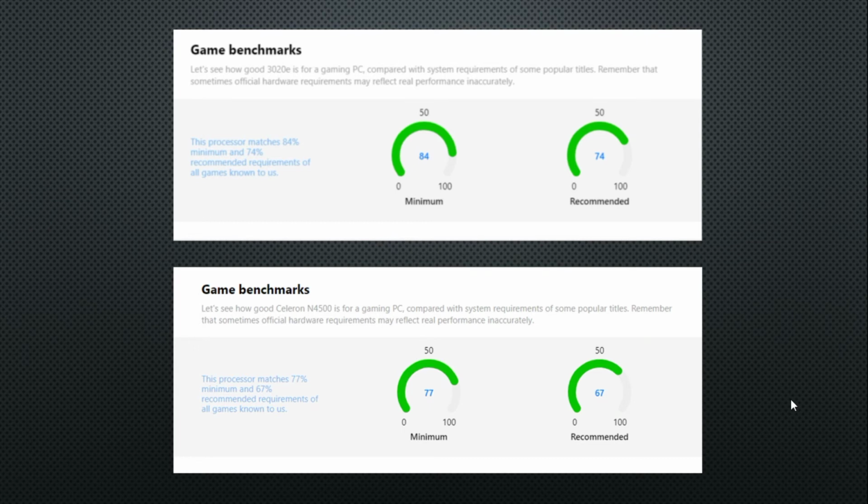And for the Celeron N4500, this processor matches 77% of minimum and 67% of recommended requirements, so it is lower compared to the AMD 3020E.